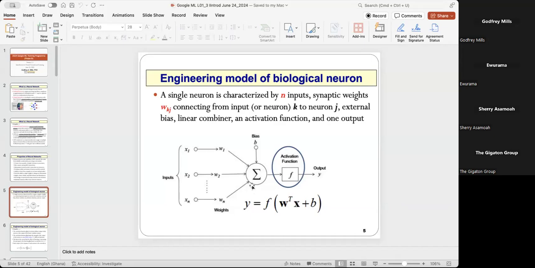One operation is a summation operation. And the second operation is what we call a transformation function to give us an output. So let me stop and give you a diagrammatic view of how it looks. Let me use my whiteboard.